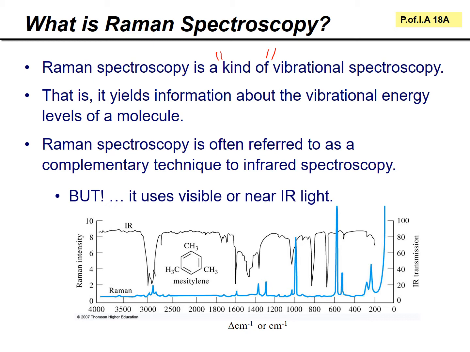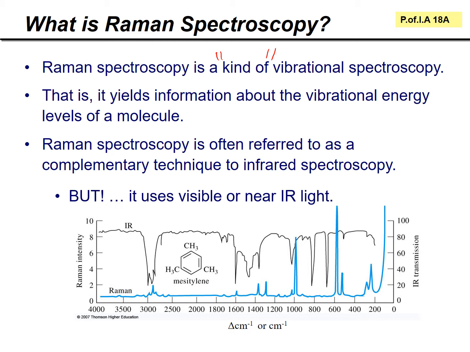And as we'll see in the coming slides, it's possible to use these photons to study the vibrational energy levels of a molecule. We'll also see that Raman spectroscopy is quite complementary to infrared. When we were discussing infrared spectroscopy, we saw that there are some vibrational transitions in a molecule which don't lead to an infrared absorption, so they don't appear in the infrared spectrum.